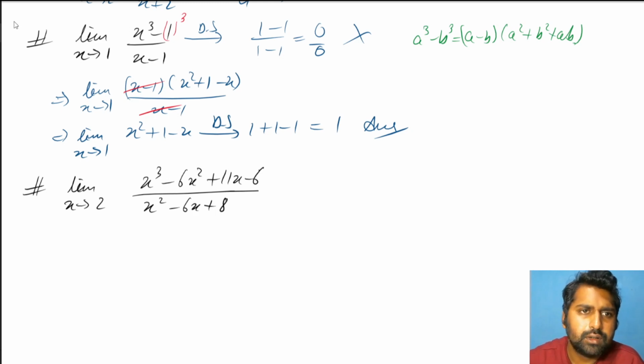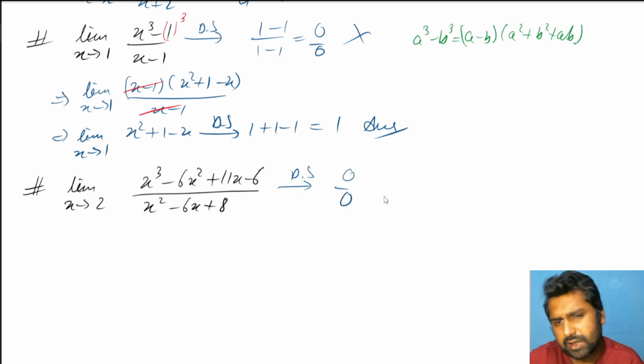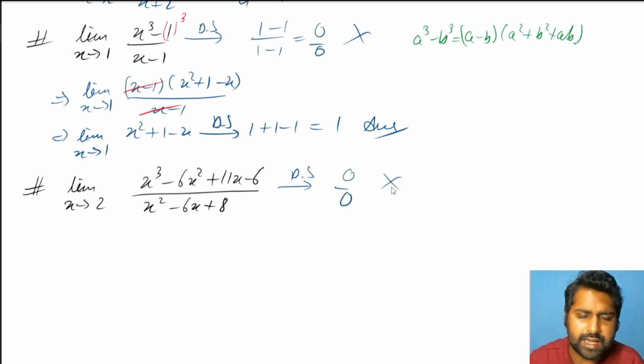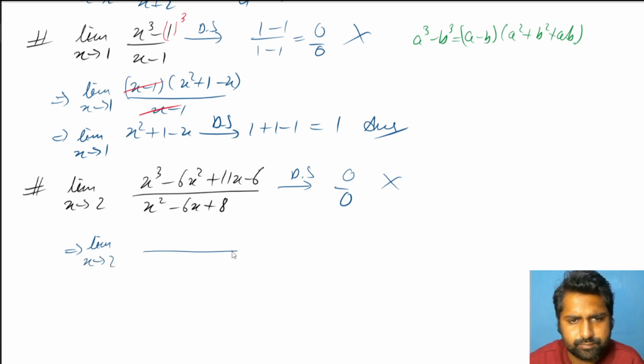Okay, you can use direct substitution. It will come 0 by 0, I am telling you, you can check. So direct substitution right now cannot work. So we have to factorize. It's easier to factorize the denominator. Let's factorize the denominator first. It is middle term splitting, so (x minus 2)(x minus 4).